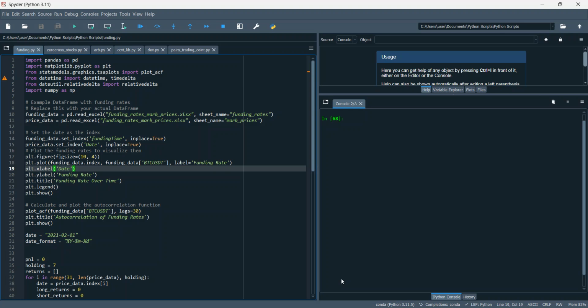So when a perpetual contract, let's say Bitcoin USDT perpetual contract, is trading at a higher price than Bitcoin itself, than the underlying market, the funding rate will be positive, which means long players will pay short traders, and this will incentivize going short, which will balance the market.